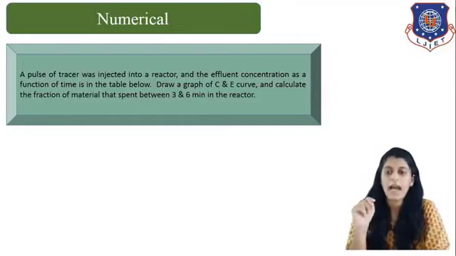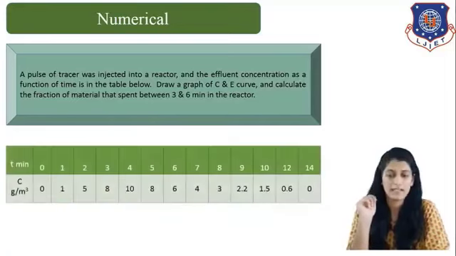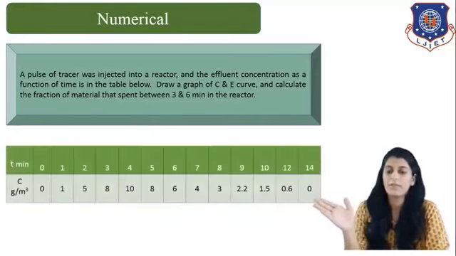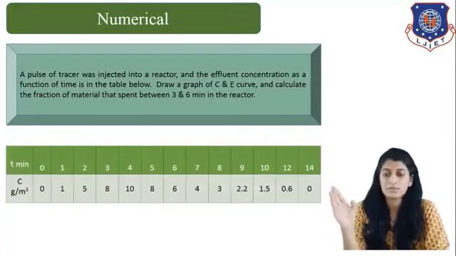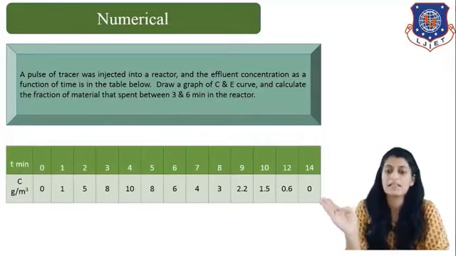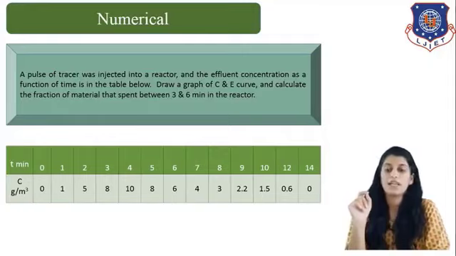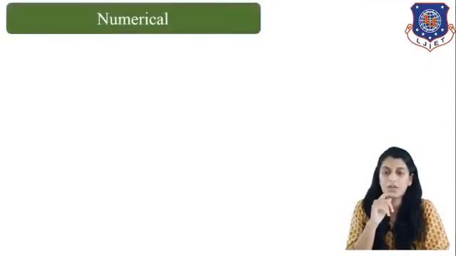For that we have been provided with concentration and time data. In the table below, as you can see, the time in minutes is given, and the concentration is also provided, which is the concentration at the exit stream of our reactor. So let's see how to solve this.